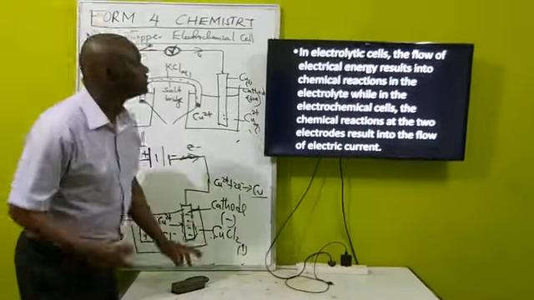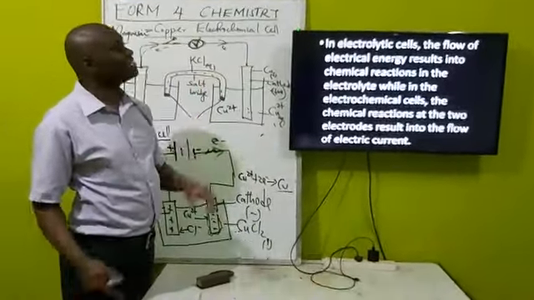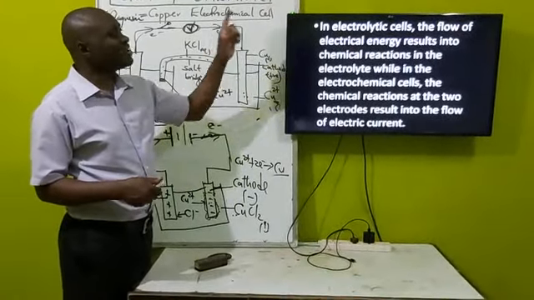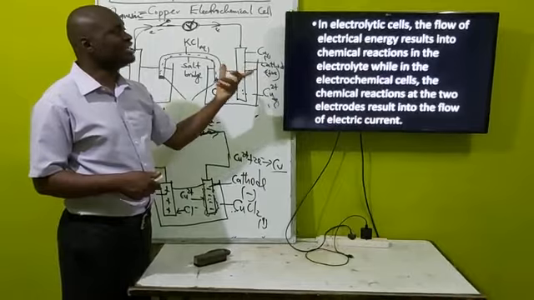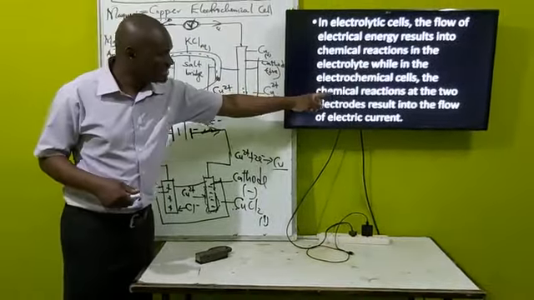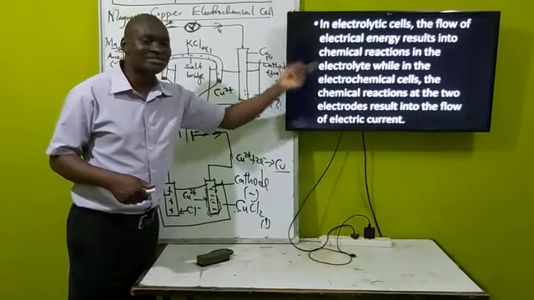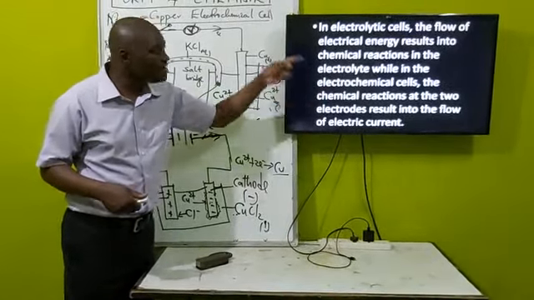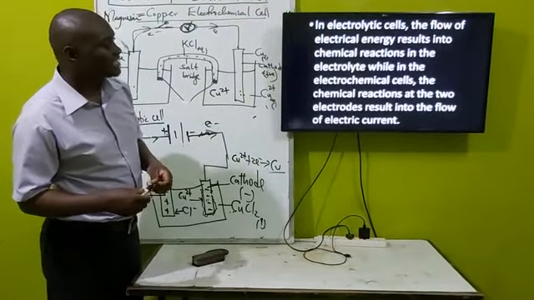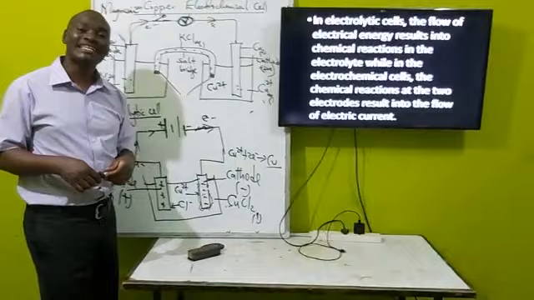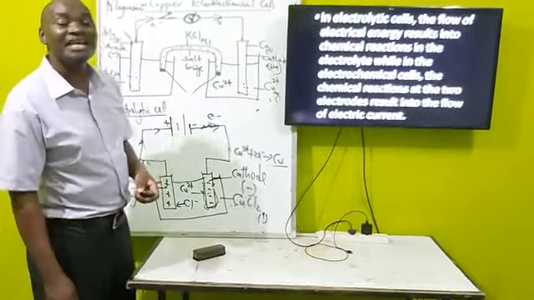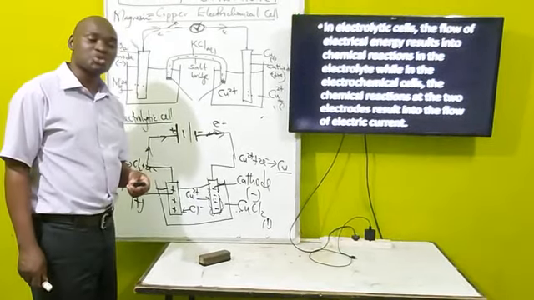Going back, these statements can now be understood: in electrolytic cells, the flow of electrical energy results in chemical reactions, while in electrochemical cells, the chemical reactions at the two electrodes result in the flow of electric current. That is a very important difference between the two.